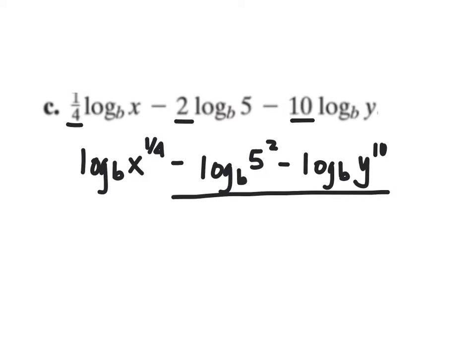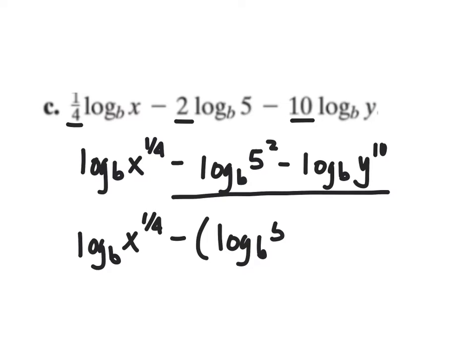And watch what I do here, and this is going to be really important: log base b of x to the 1/4 minus the quantity log base b of 5 squared plus log base b of y to the 10th. This is 5 squared. And why I did this is because this is going to help me group things.